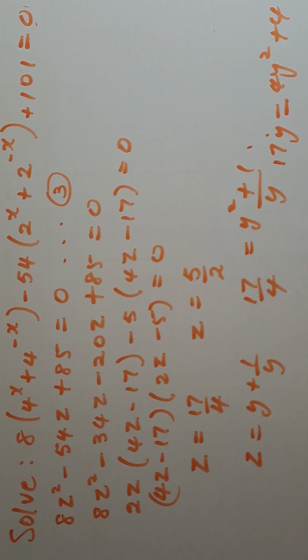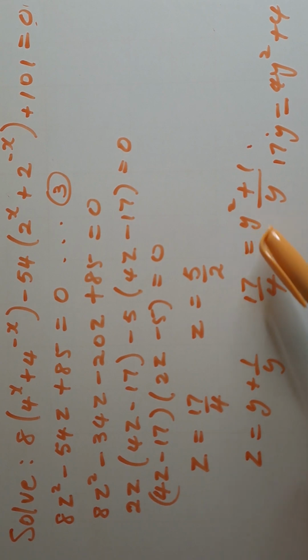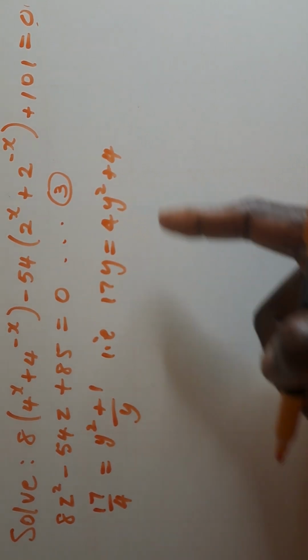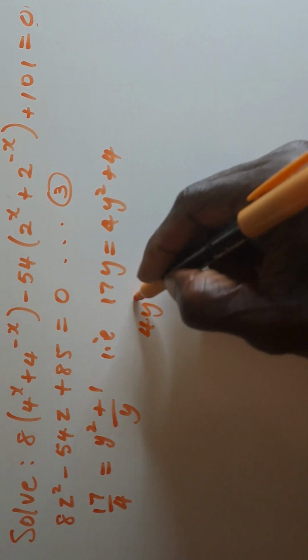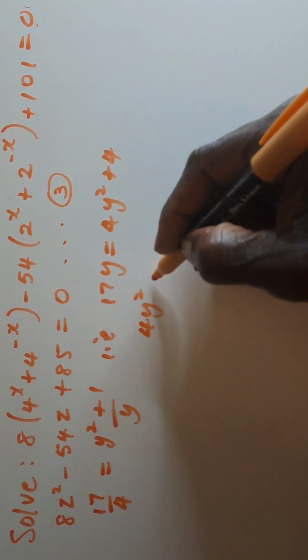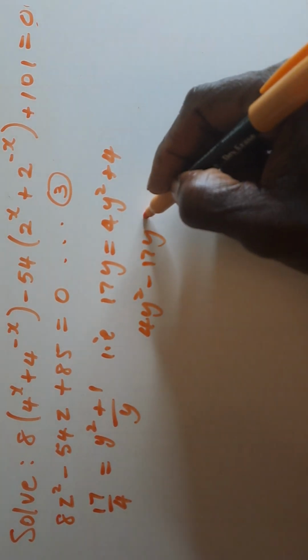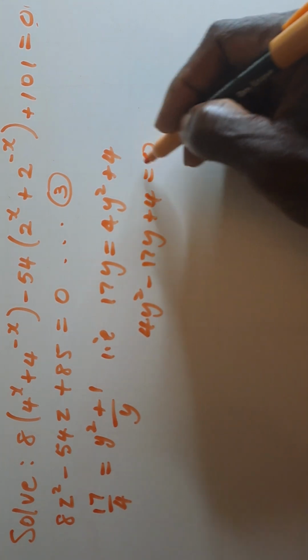So 17y is equal to 4y squared add 4. We cross multiply here, 17y equal to 4y squared add 4. And we can rearrange this as 4y squared minus 17y add 4 is equal to 0.